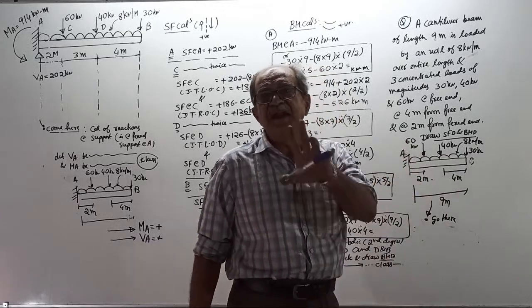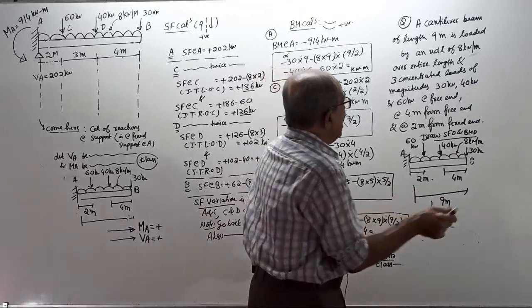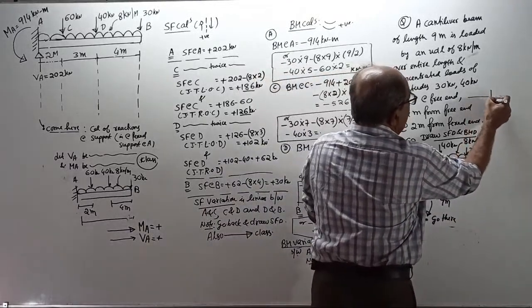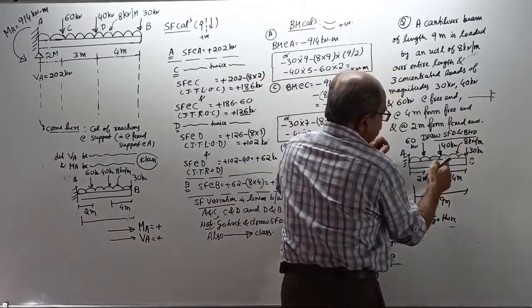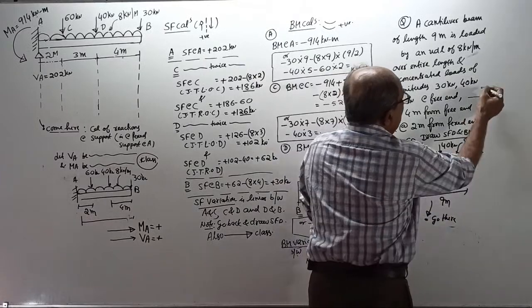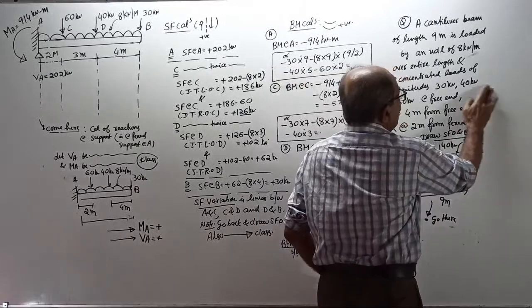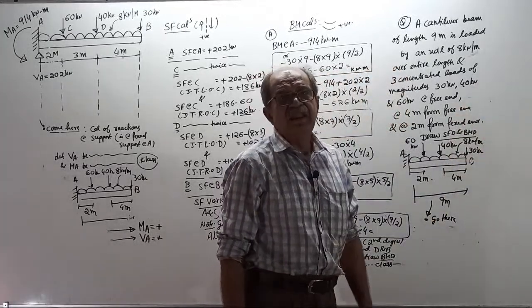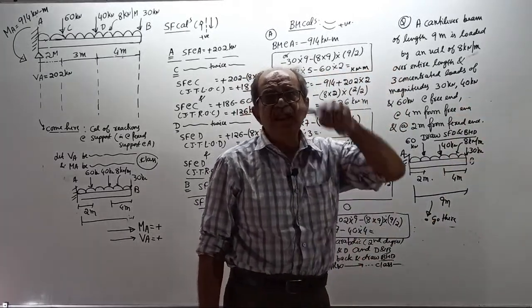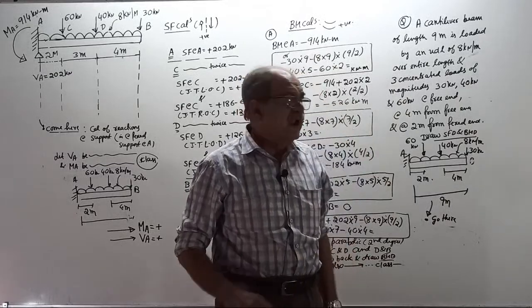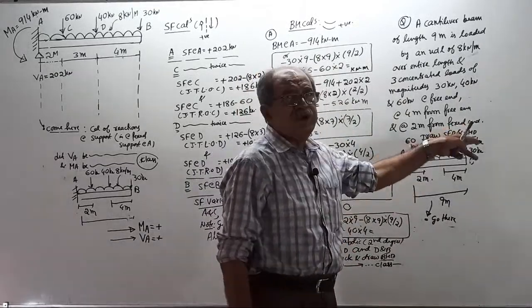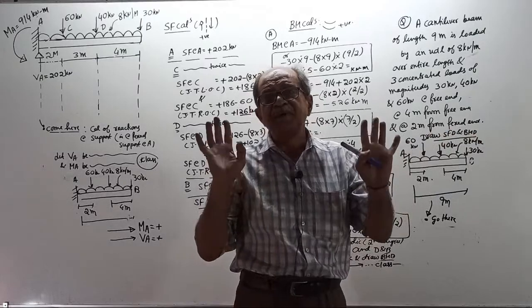Then he is in trouble, because I will solve the question taking it this way, and take the 40 at 4 meter here. Completely wrong. Then he will tell me, no, I want right side free, left side fixed. Then I will say, then tell it. Otherwise, refer to locations with respect to the free and fixed end.